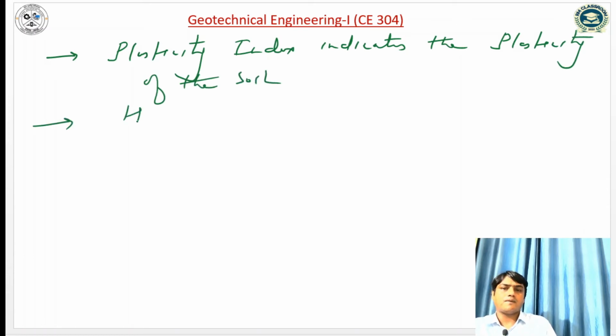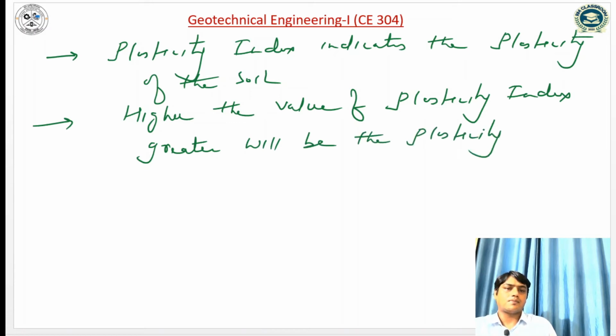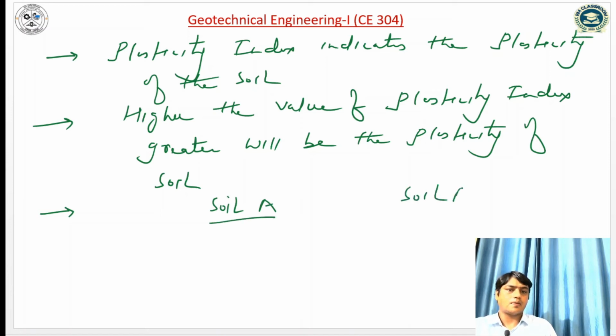Higher the value of plasticity index, greater will be the plasticity of soil. So let us consider a soil A and soil B. So this is the example.